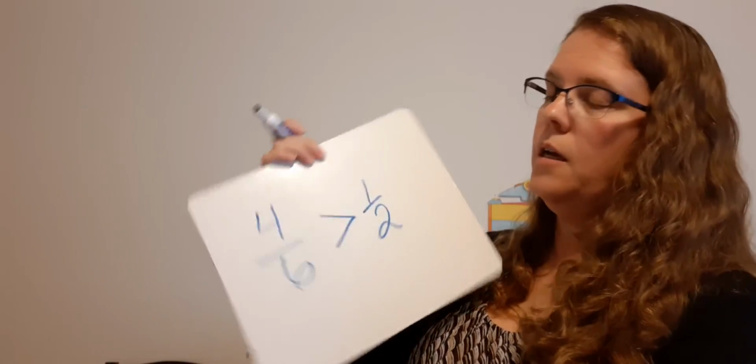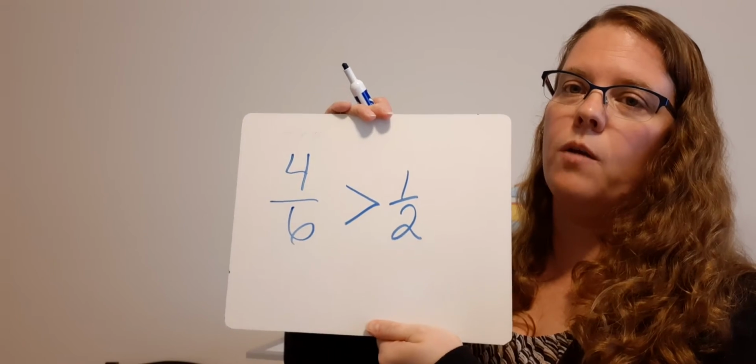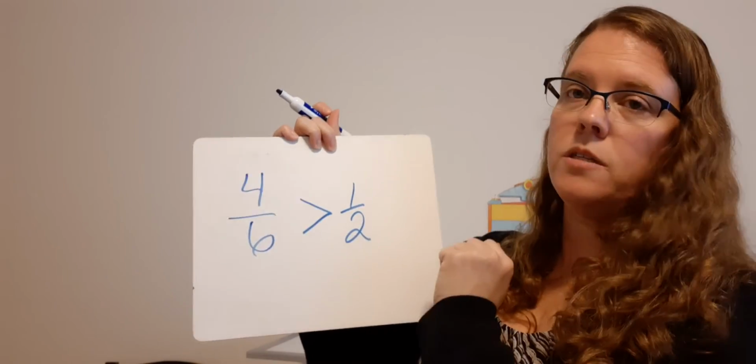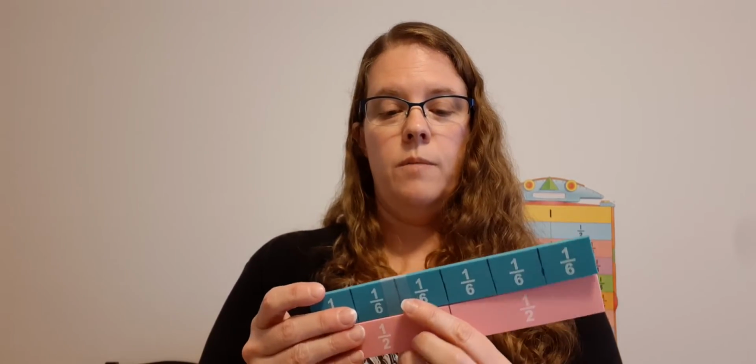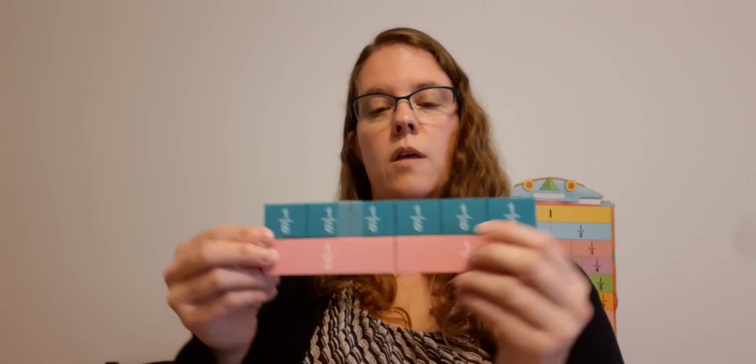All right, let's look at C, 4/6. Can I say 4/6 is greater than 1/2? Well, are our numerators the same? Nope. Denominators the same? Nope. All right, so we have to get our fraction strips. So we have 1/2, and we have to find 6. Now put them together so that they're the same on the left.